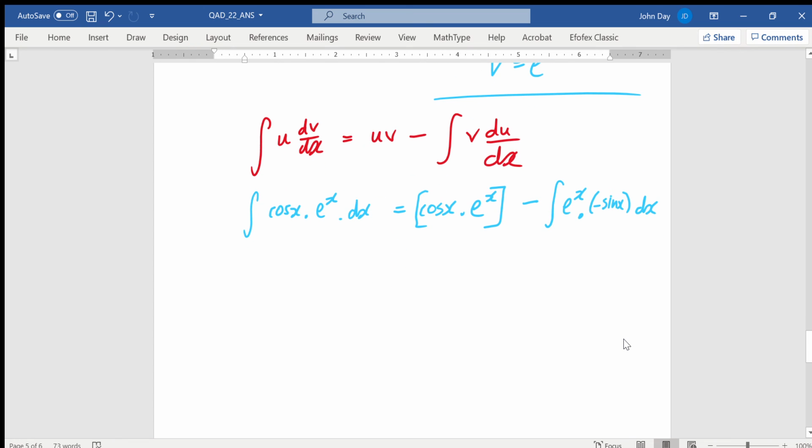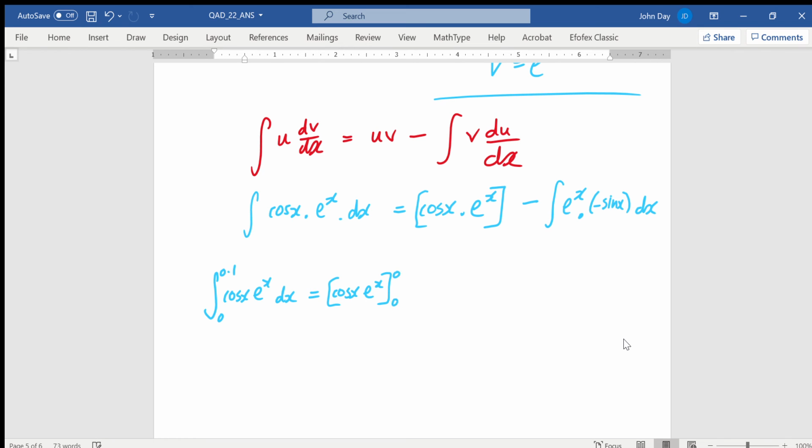So far, we've got down to that point where I'm going to fix it up. The integral of cos x e to the x dx is equal to cos x e to the x, and this was from 0 to 0.1.